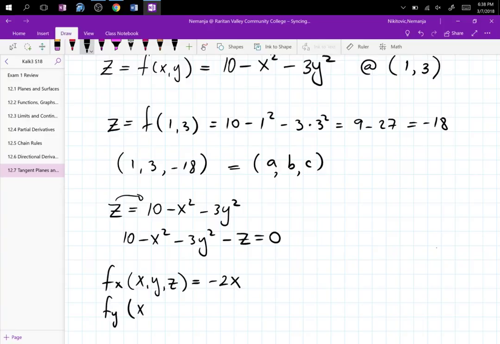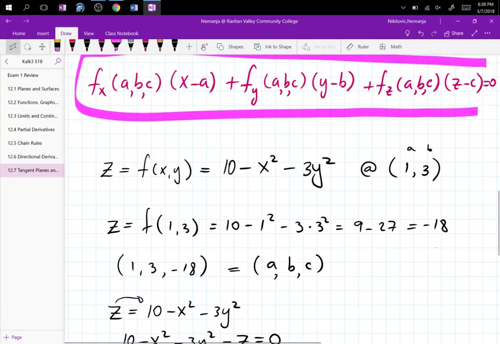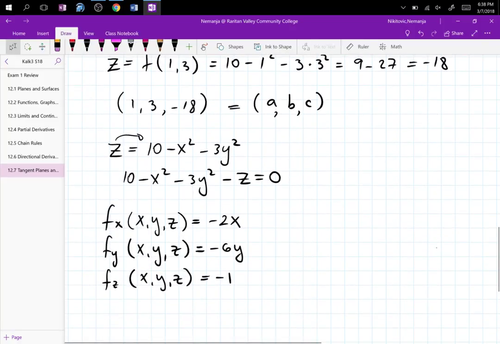Fy, the partial derivative with respect to y, is going to be negative 6y, and Fz is going to be negative 1 when you take the derivative. Now I need to compute each one of those at (a, b, c), which is my (1, 3, negative 18). So Fx computed at (1, 3, negative 18) is simply negative 2.